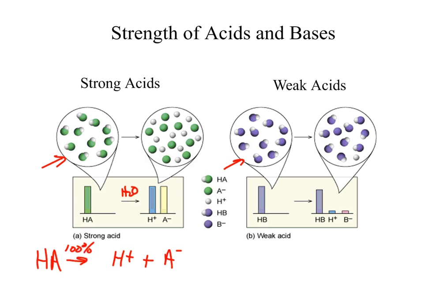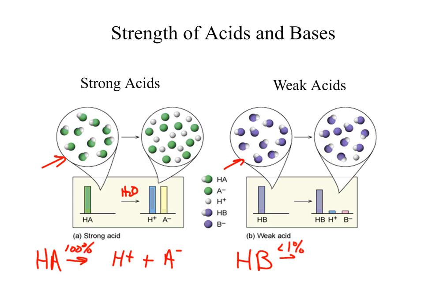Now a weak acid, all right, so that's our one over here. Here, when I dissolve this weak acid into water, very few of the hydrogen ions and conjugate base ions, the A- ions or B- ions, will break apart. And so if we were going to do that in another equation here, we would say that it goes in that direction less than 1%.